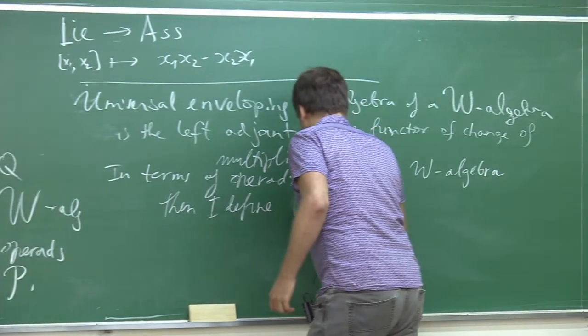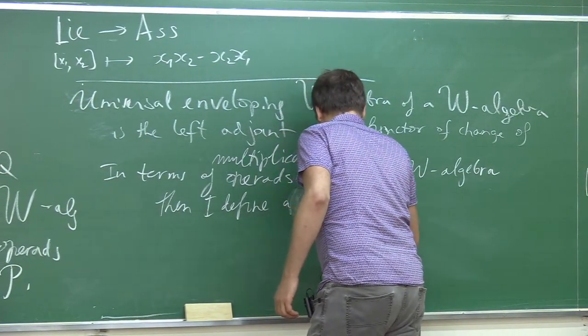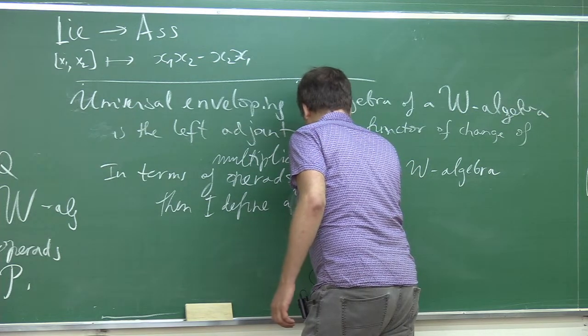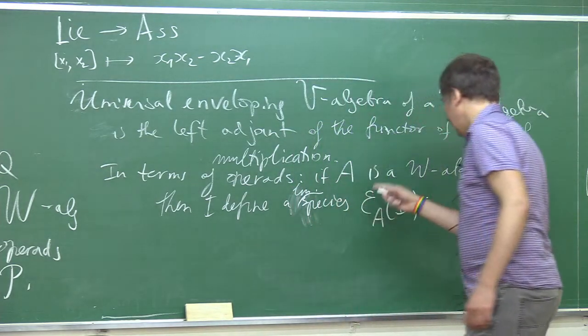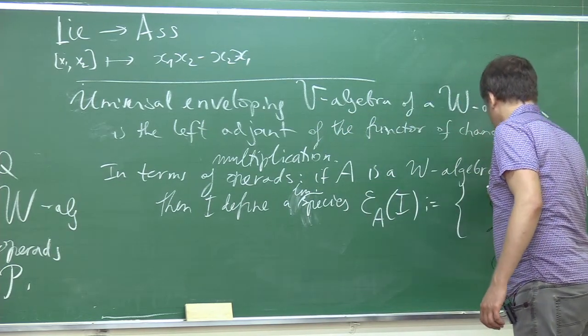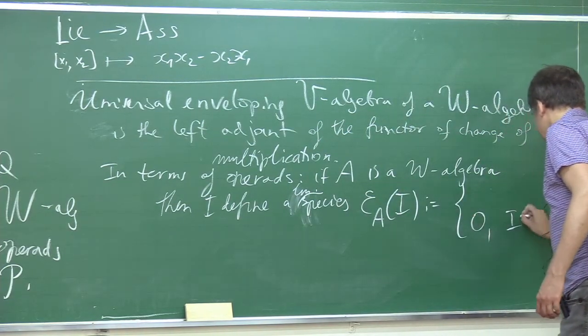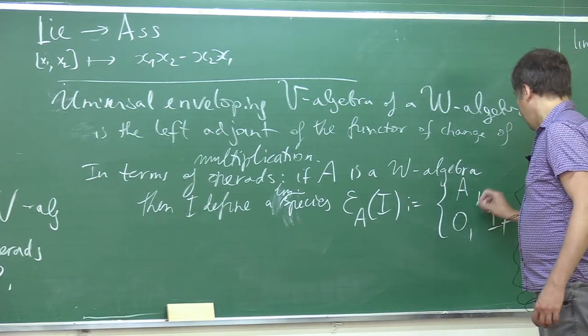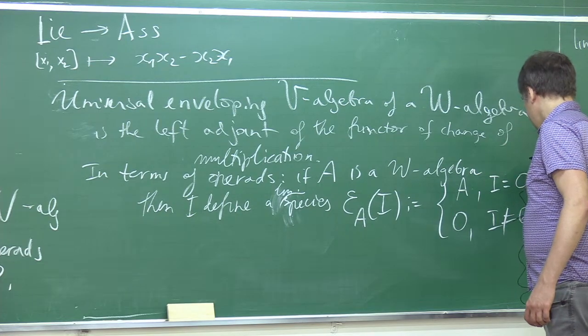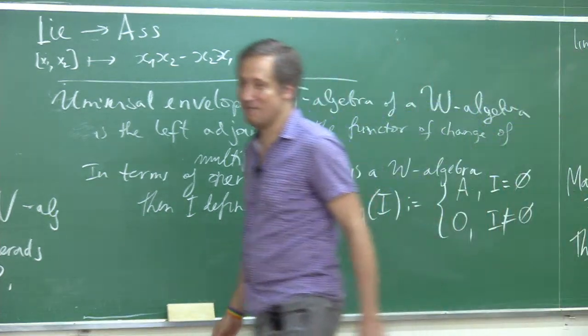So a linear species epsilon A, by the following formula, epsilon A of I is equal to 0 if I is not empty, and A if I is the empty set.